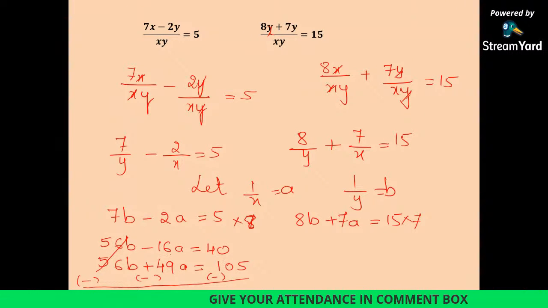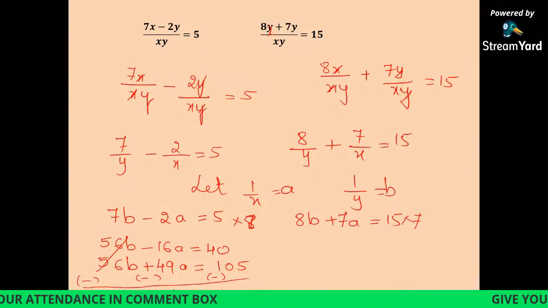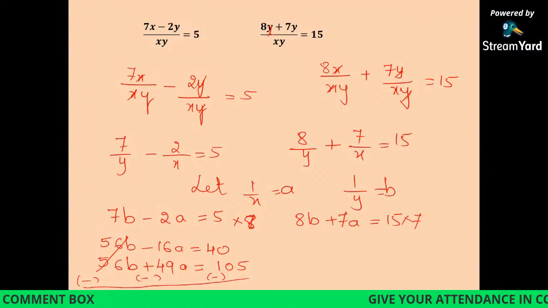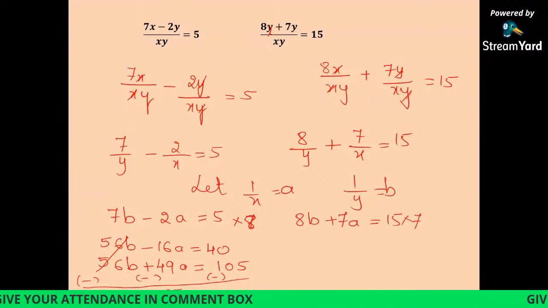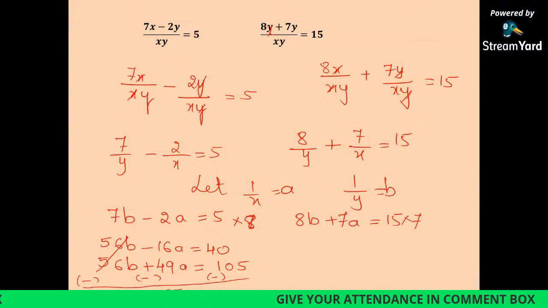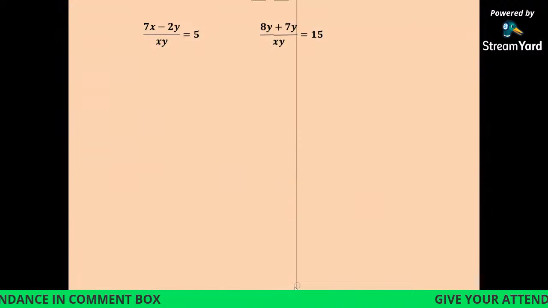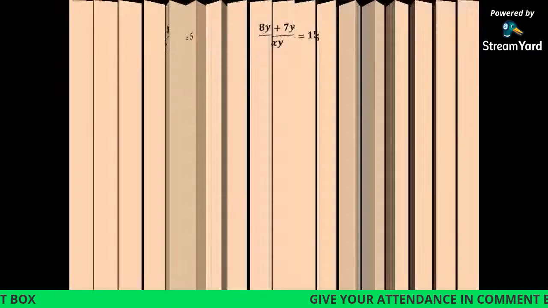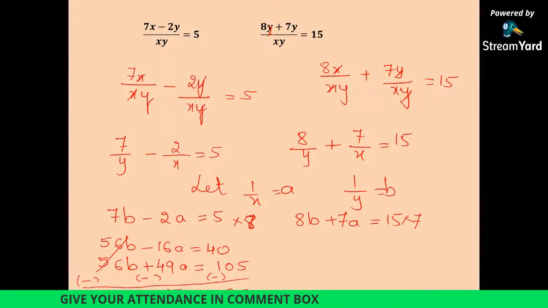See here, 16a minus 49a. 16a minus 49a means you are going to get how much? 65a is equal to minus 65, because 40 minus 105 is given.